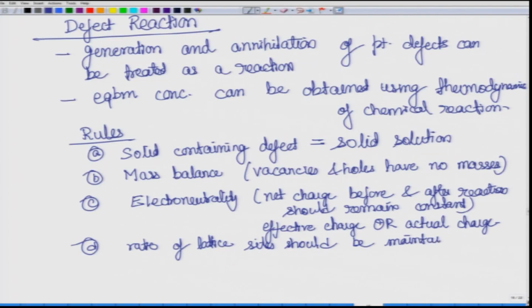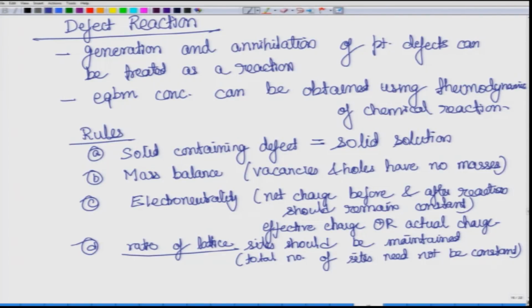If it is 2:3, then it must remain 2:3, otherwise it will violate the principle of electroneutrality for the whole system. However, we are only saying the ratio of lattice sites. The total number of lattice sites need not be kept constant. Meaning that if you are talking about an MO type of system and you add a site for an M atom, then you should also add one site for an O atom.